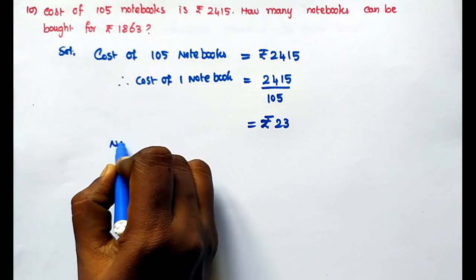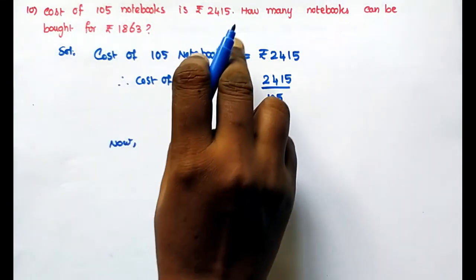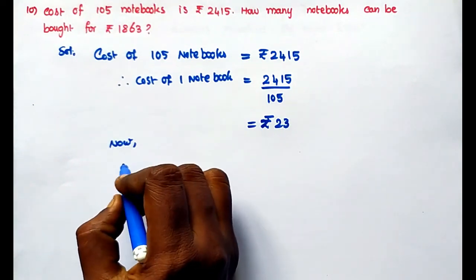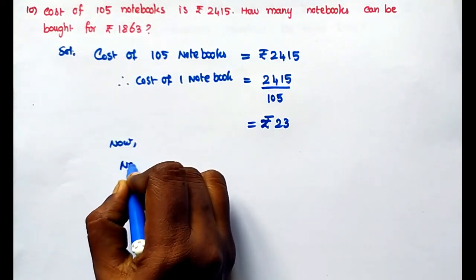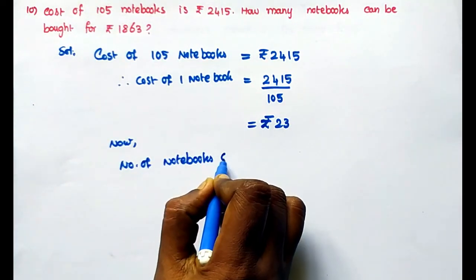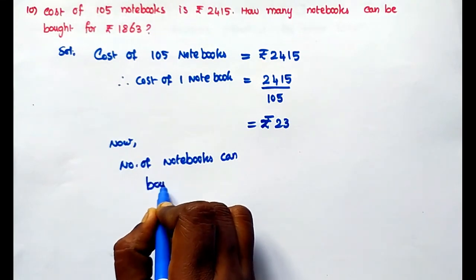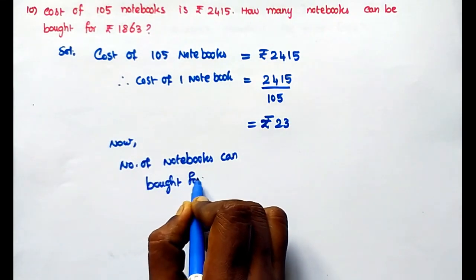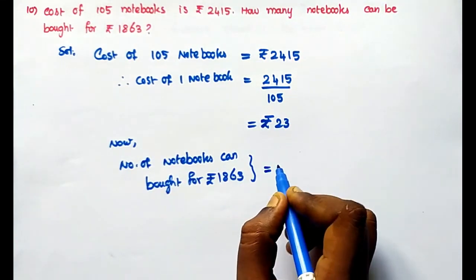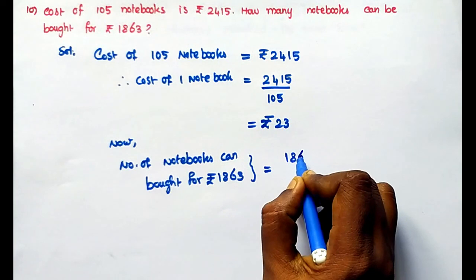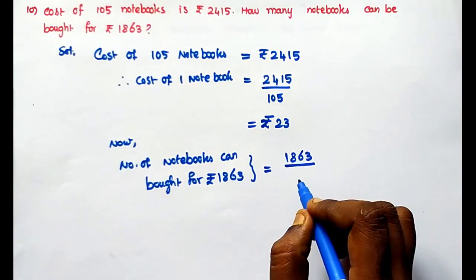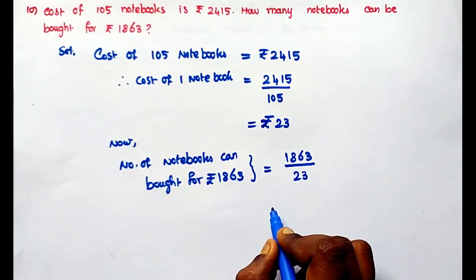Now what they ask: how many notebooks can be bought for rupees 1863? So the number of notebooks that can be bought for rupees 1863 is equal to 1863 divided by the cost of one notebook, that is 23.